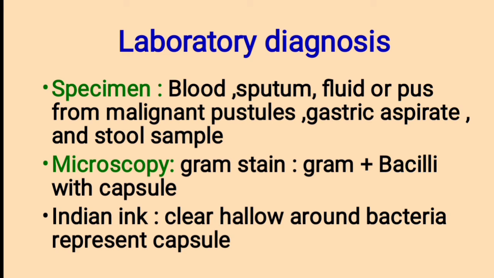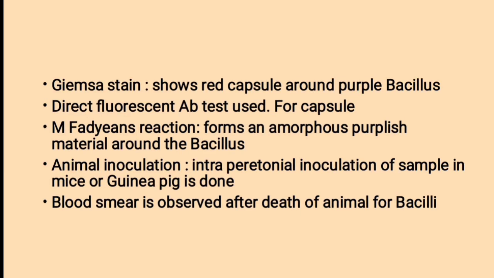Indian ink preparation forms a clear halo around bacteria, showing the capsule. Giemsa stain shows a red capsule around purple bacillus. Direct fluorescent antibody test is used for capsule detection. Then M'Fadyean reaction shows an amorphous purplish material around the bacillus.